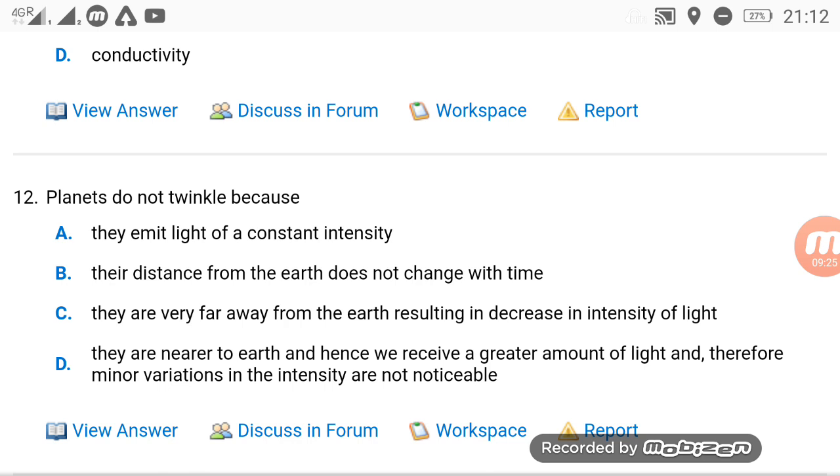Option D, they are nearer to the earth, and hence we receive a great amount of light, and therefore minor variations in the intensity are not noticeable. Of course, the answer is option D. Planets are nearer to the earth, and hence we receive a great amount of light, and therefore minor variations in the intensity are not noticeable.